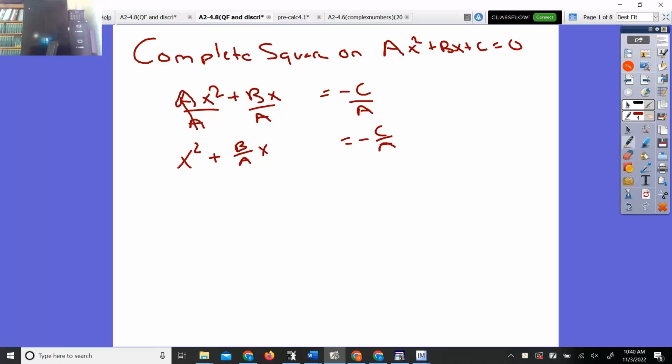So step 1 is take half of B. Look at the full complete the square process. We actually complete the square. There's 8 steps listed to complete the square.